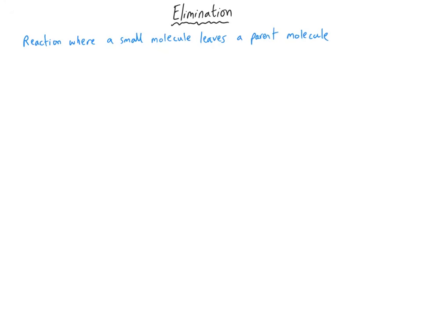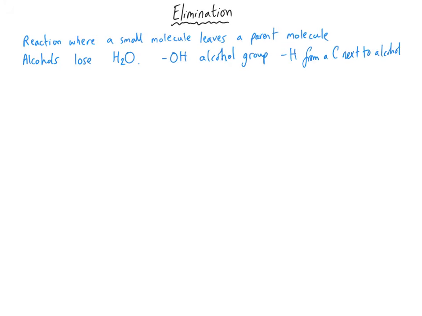Elimination reactions are reactions where a small molecule leaves a parent molecule. Now for halogenoalkanes we lost hydrogen chloride or hydrogen bromide, but for alcohols we always lose H2O, and the OH is always from the alcohol group, and the H is from a carbon next to the alcohol carbon.